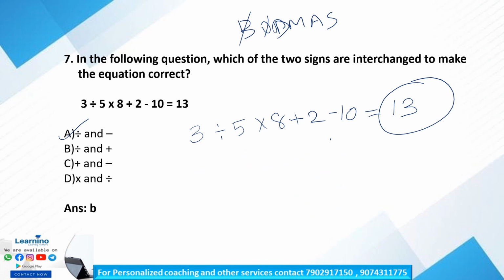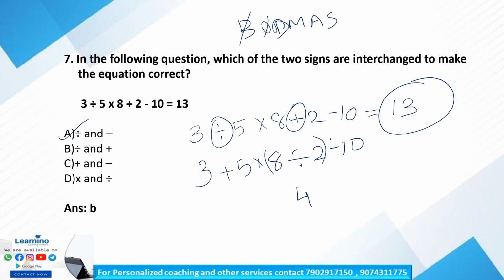That is, division and plus are interchanged. So in place of division we have to put plus, 5 into 8, and in place of plus we have to put the division sign. First we have to do division. So 8 divided by 2 is 4, right? Then we have to do multiplication.